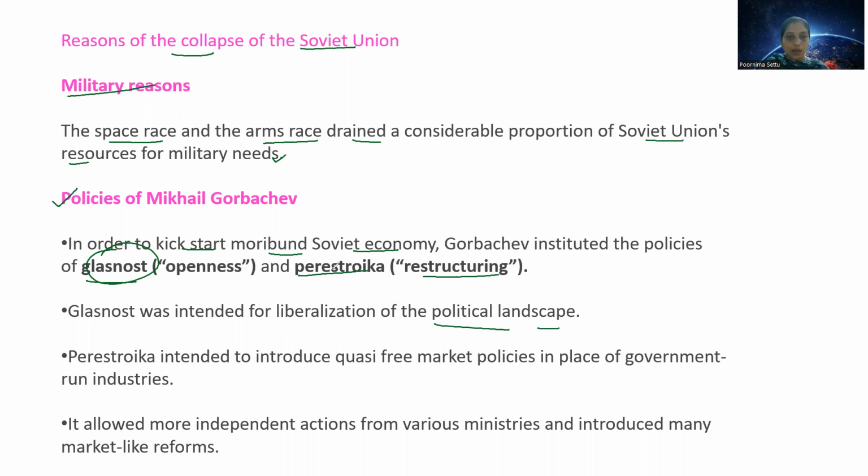Perestroika intended to introduce quasi-free market policies in place of government-run industries. It allowed more independent actions from the various industries, and they introduced many market-like reforms.